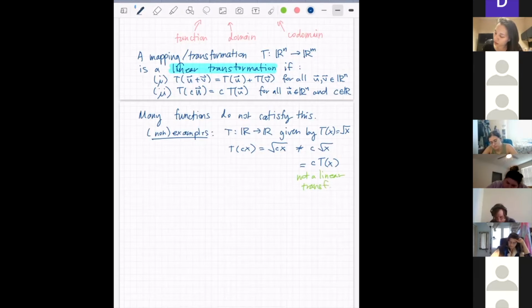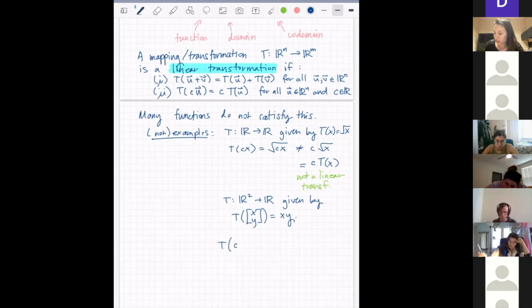Another example would be, let's say our domain is R2, mapping into R, and say this is given by: it will take a vector x, y, and its image is just x times y. This is also not linear, and we can see this by looking at c times that vector x, y.